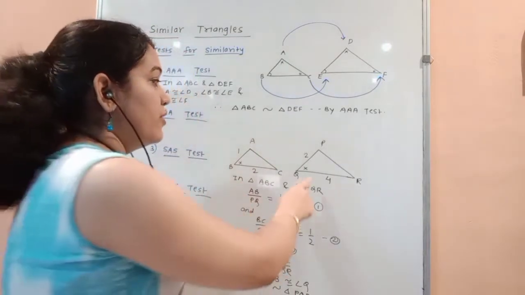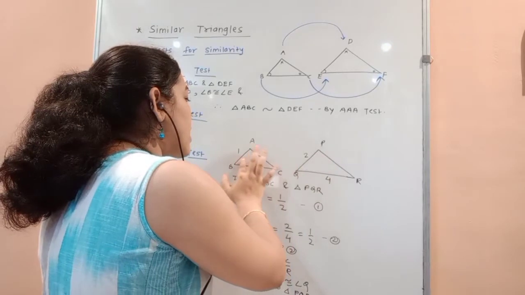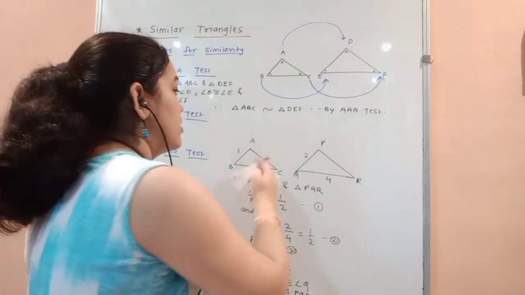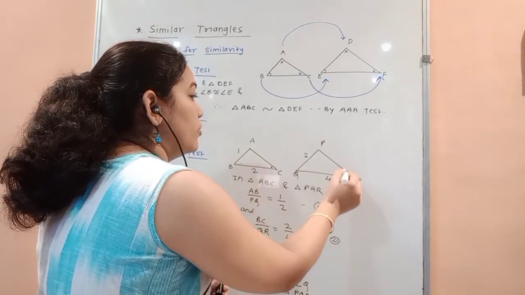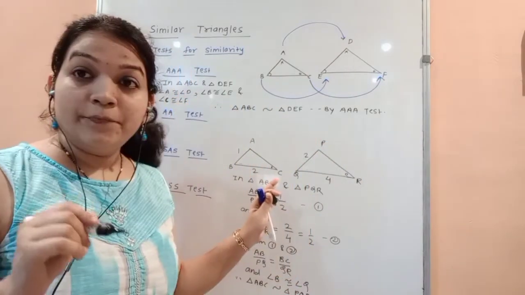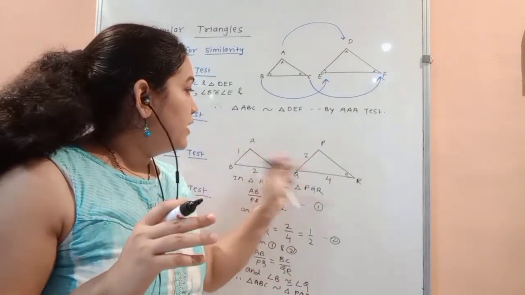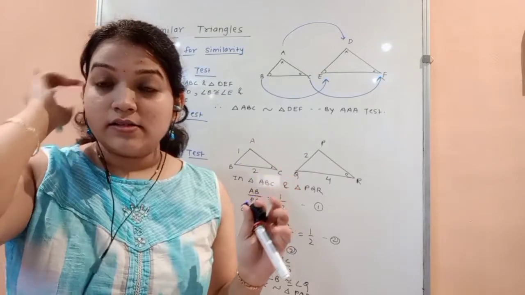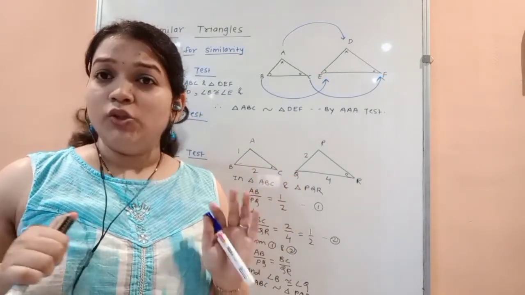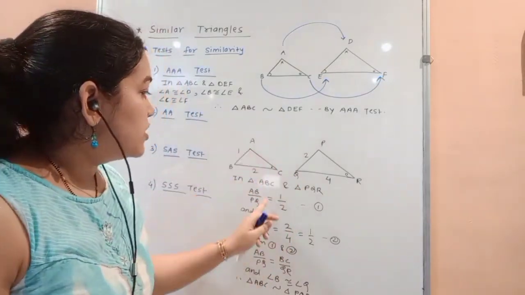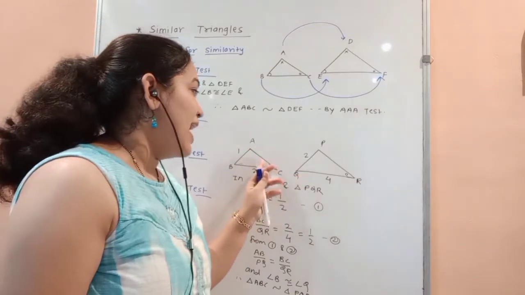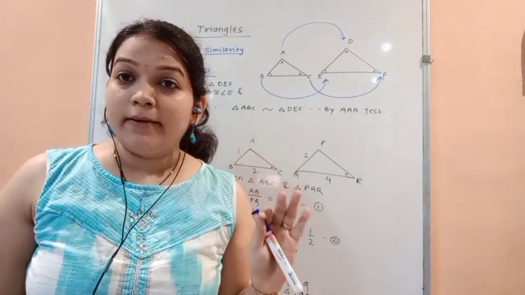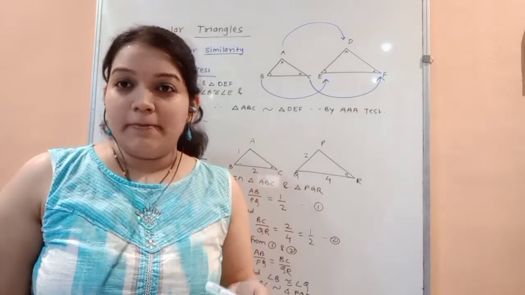So if instead of this, angle C congruent to R is given, okay, then will these two triangles be similar? No, because though the sides are in same proportion, the angle is not included by the sides which are given in same proportion.